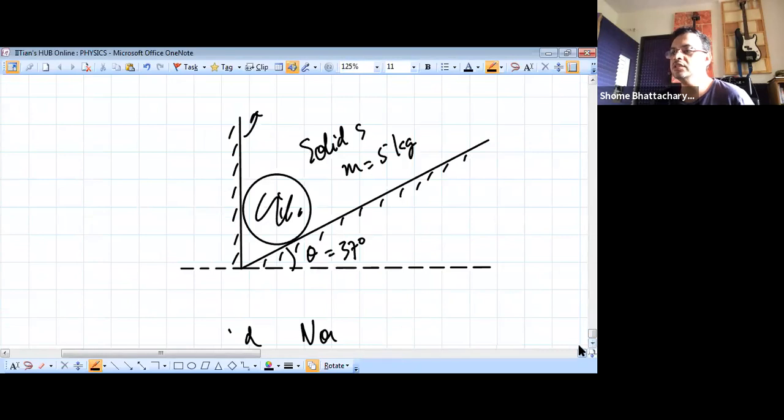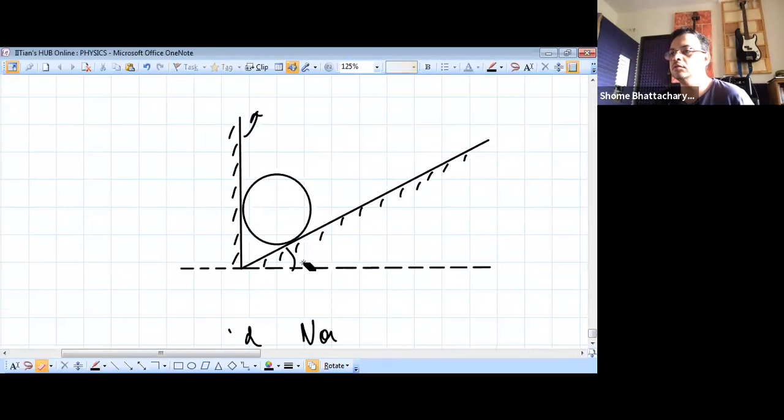Okay, now the forces here are very interesting. That's the main thing you have to understand. So see, this surface, the one which is the inclined surface, this will be applying a normal reaction in this sort of direction.